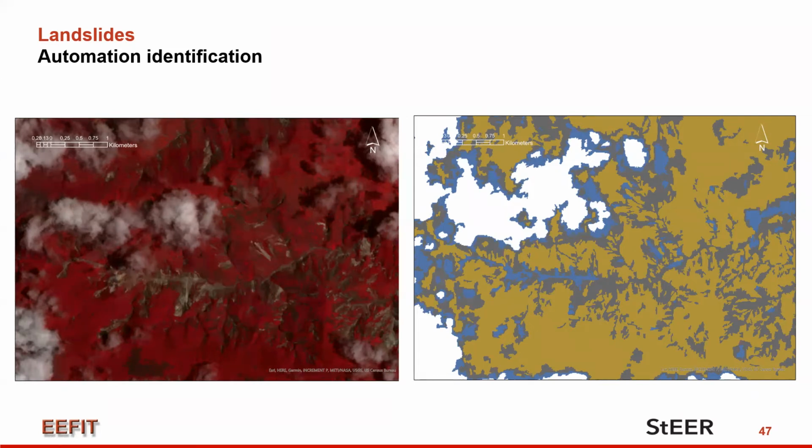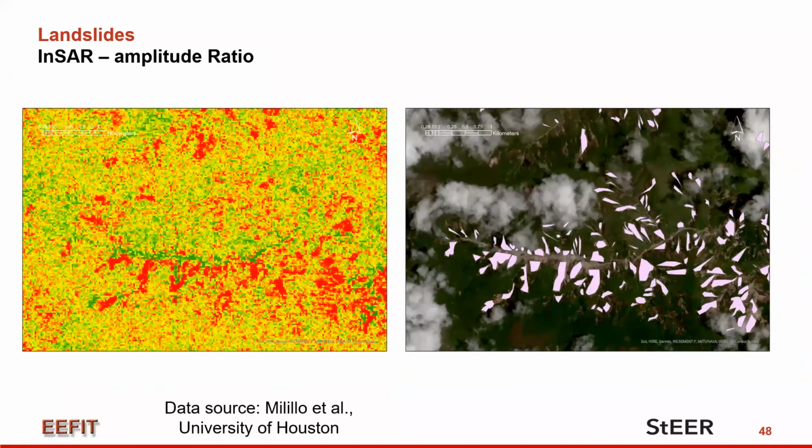So with the support of colleagues at the University of Houston, they undertook some InSAR analysis, using the amplitude ratio, which was discussed in the previous slides, to see whether InSAR, which can penetrate clouds, could identify a range of landslides.